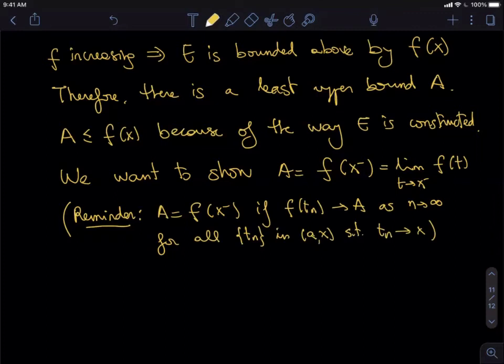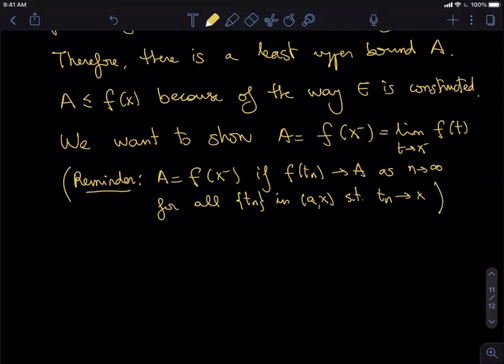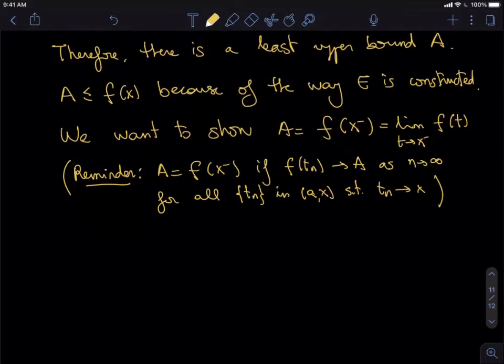Okay, so this is the actual definition. So we need to connect this to what we want to show, that a equals f of x minus.